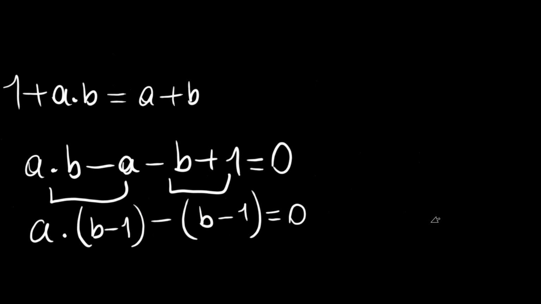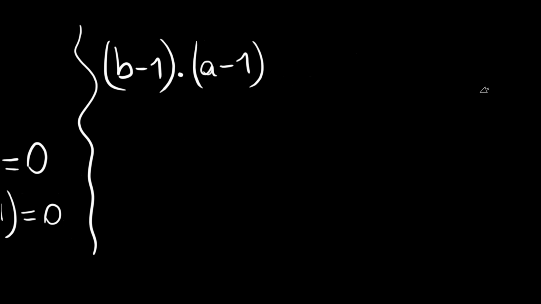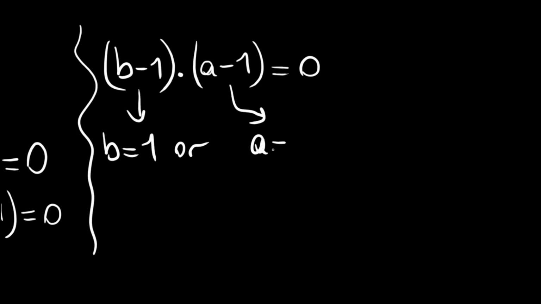Since these two have a common factor, this is equal to (b minus 1) times (a minus 1), which is equal to 0. So either b is equal to 1 or a is equal to 1. This is the result for a and b.